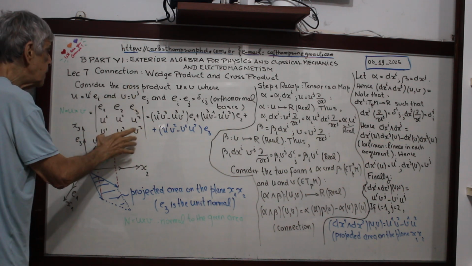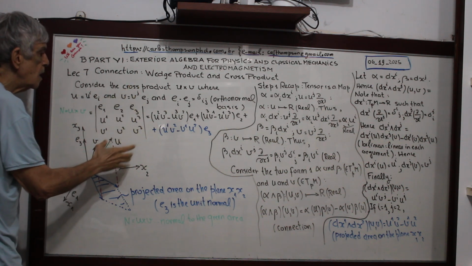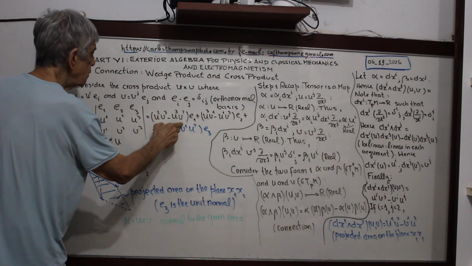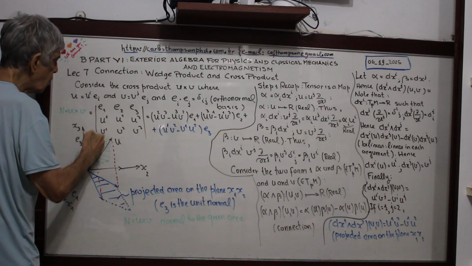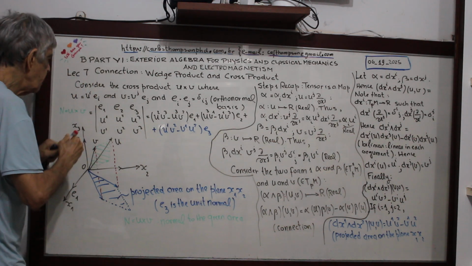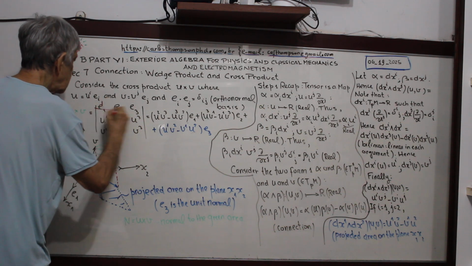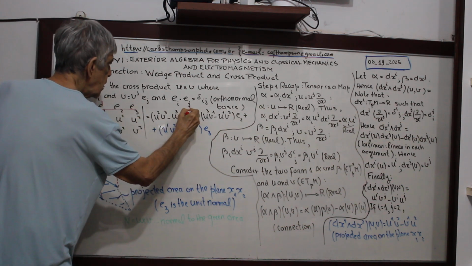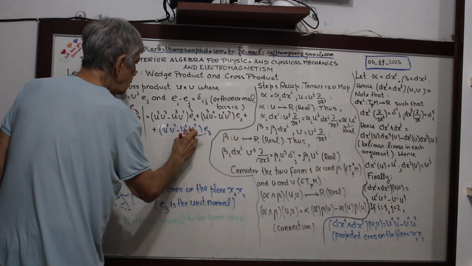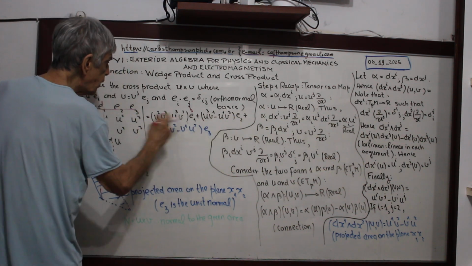Now I can expand this determinant. In this case, U2 V3 minus U3 V2; you just cross here, you see? Cross here, and this is equal to e1. Now, for e2 and e3, you just rotate.